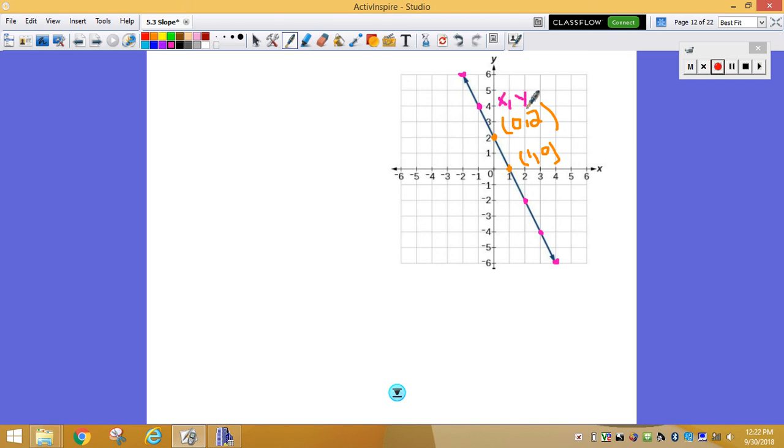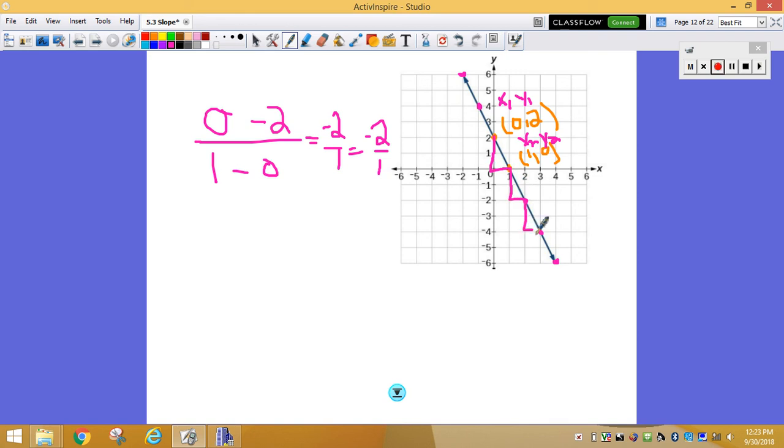So x1, y1, x2, y2. Formula, y2 minus y1 over x2 minus x1. So I get negative 2 over 1. Divide those and you get negative 2. That's my slope. And if I want to turn it to a fraction, that means down 2 over 1, which is my slope. Down 2 over 1, down 2 over 1.